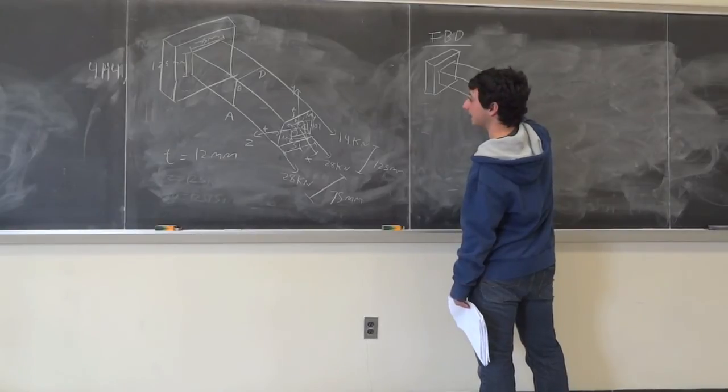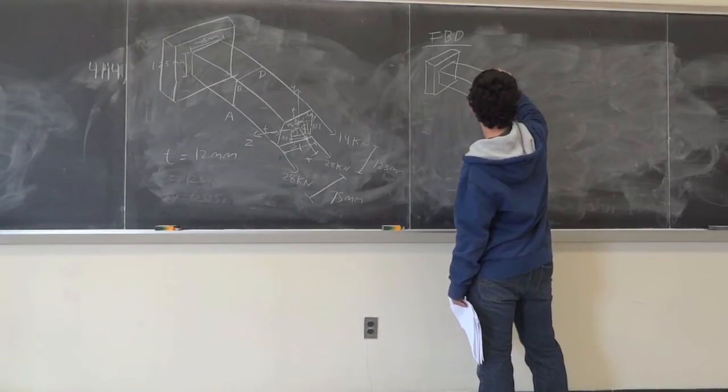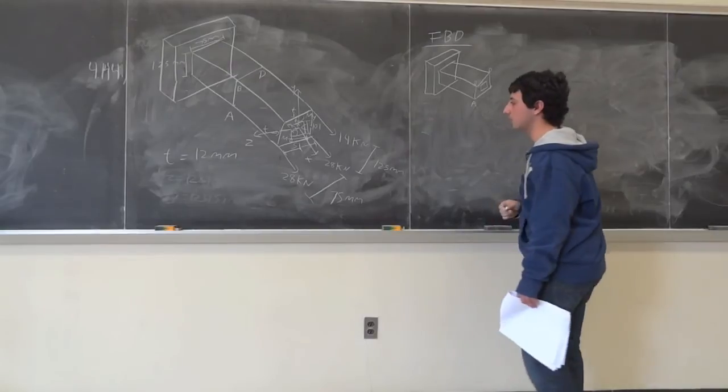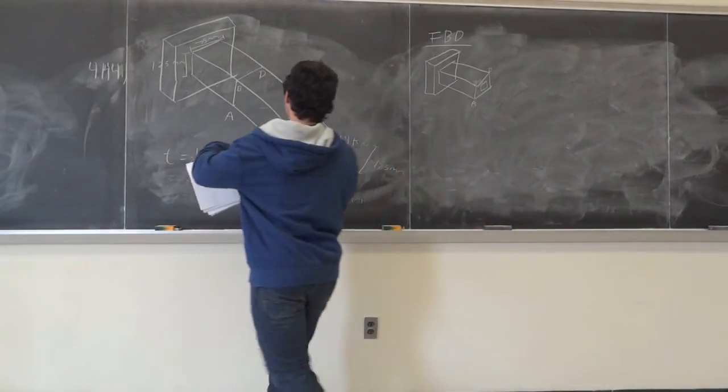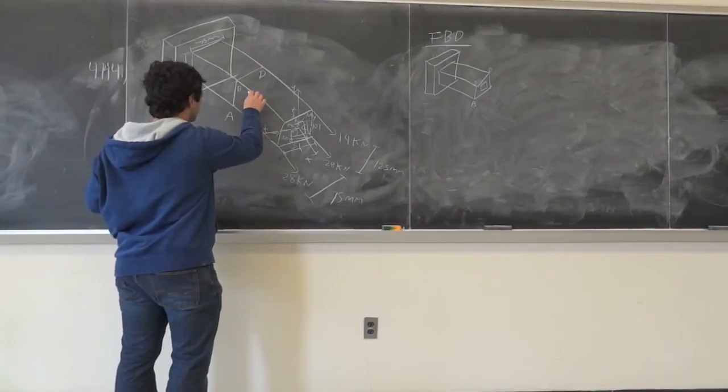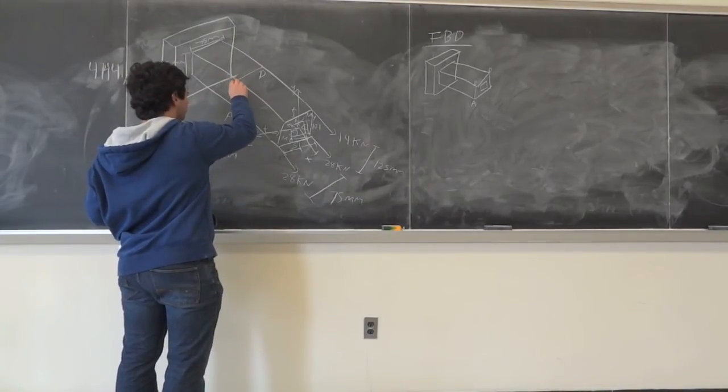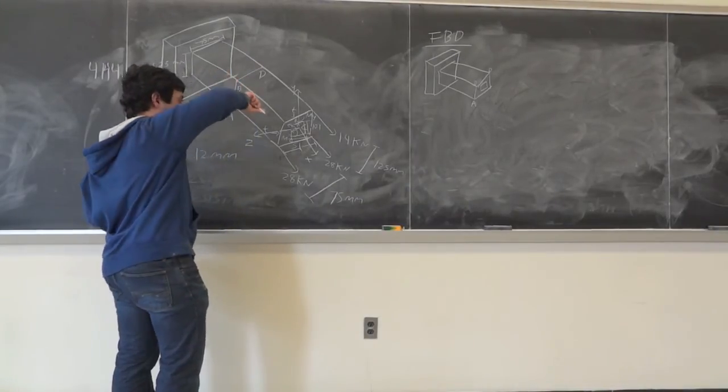Okay, so this is A, B, and this is D, right? All right, so what's the total force? I said this is going to be in tension. If you cut it over here, the force is going to be pointing in this direction, but you have an equal and opposite force pointing in the opposite direction.